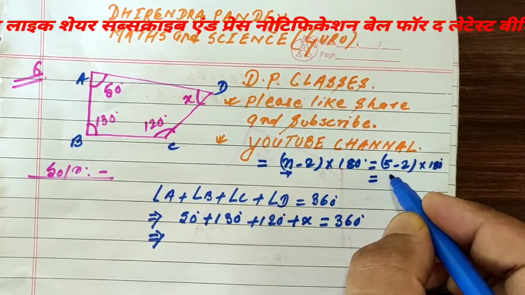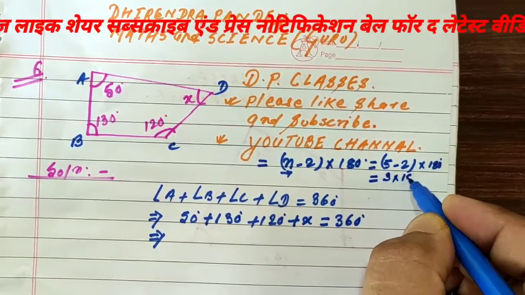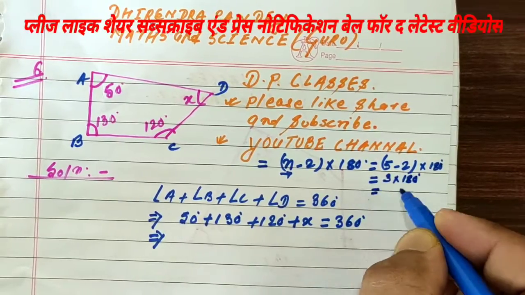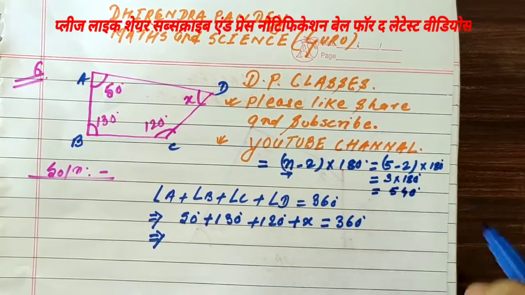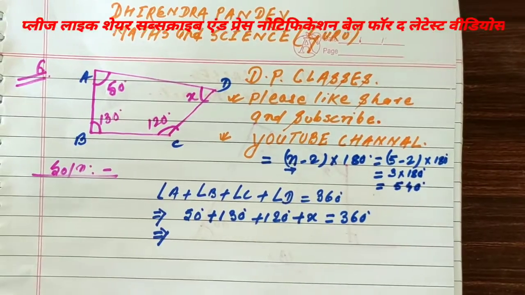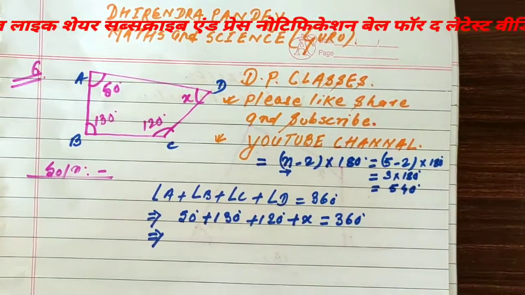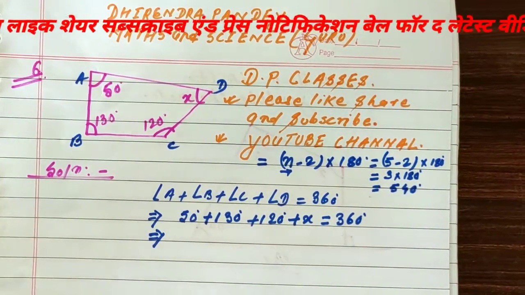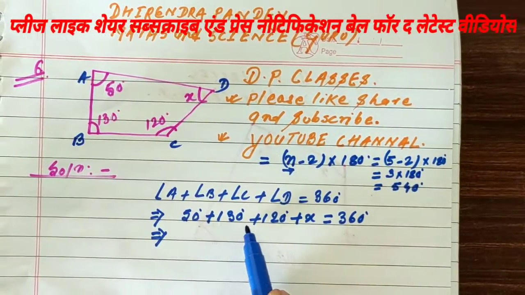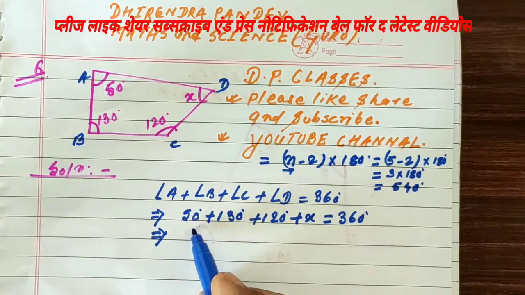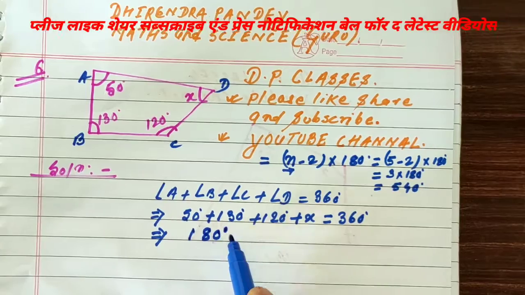So 3 times 180 is 540. This is the example I am giving for those where the sides are more than 4, 5, 6 and 8.